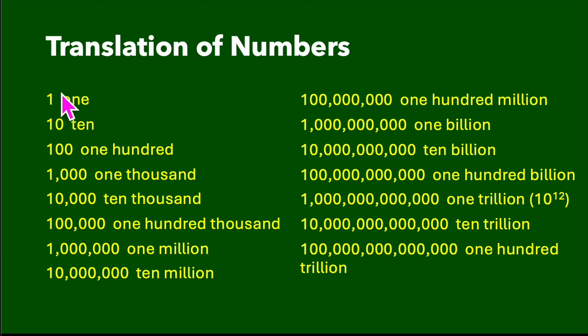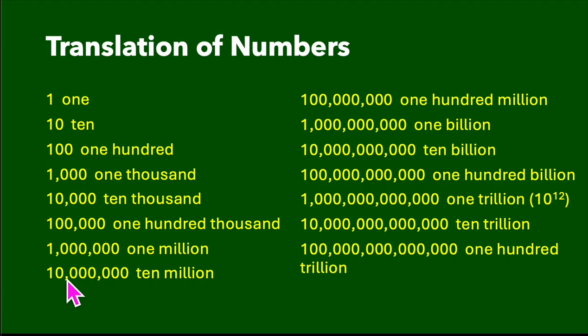Most people are fine with the translation of 1 to about 1 million, 100,000. People are usually pretty good at translating up to that point. However, after 1 million, people start getting a little bit shakier.